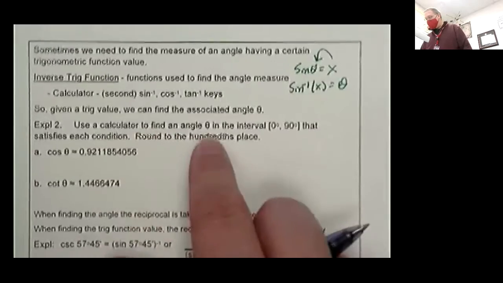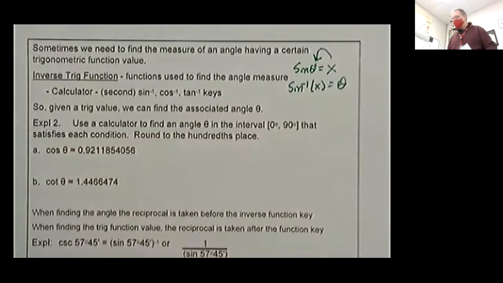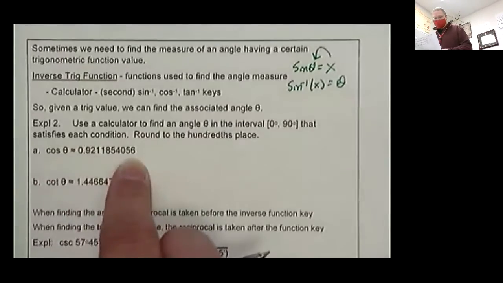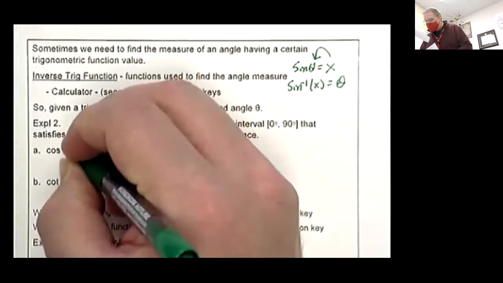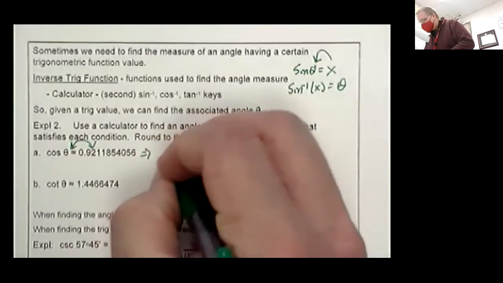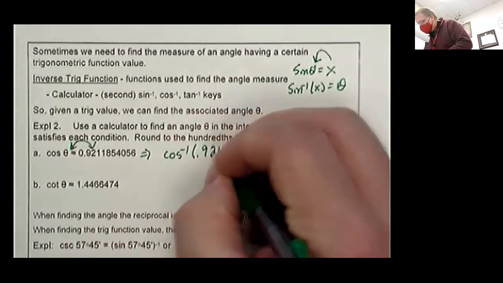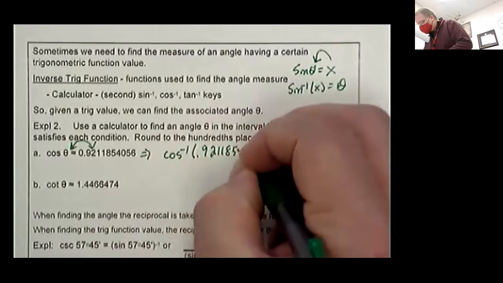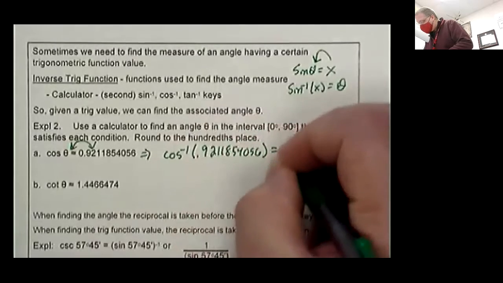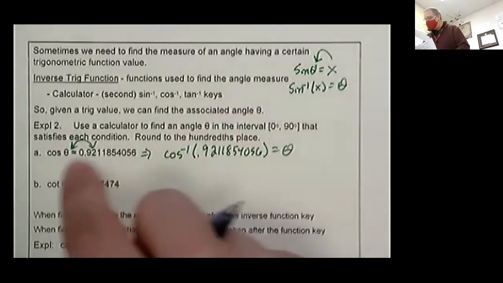Given a trig value, we can find the associated angle theta. Use the calculator to find angle theta in the interval 0 to 90 degrees that satisfies each condition, rounding to the hundredths place. So if we know that cosine of theta is equal to this number, we want to flip it and find theta. So theta equals cosine inverse of 0.921185456.